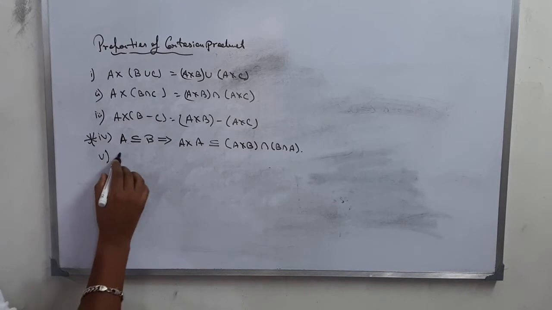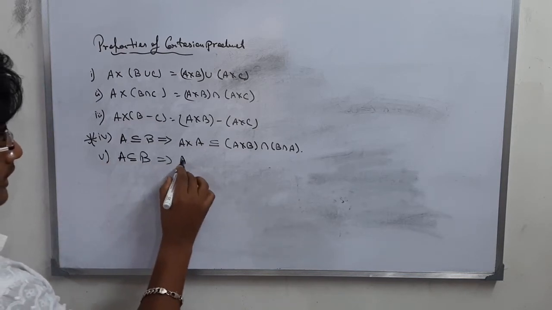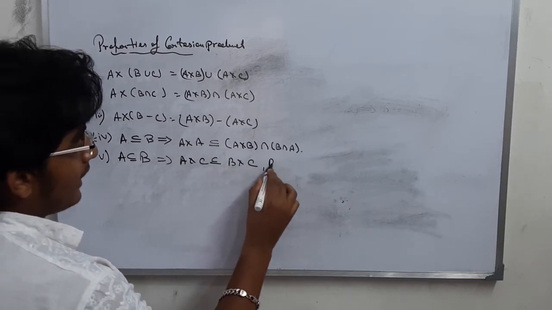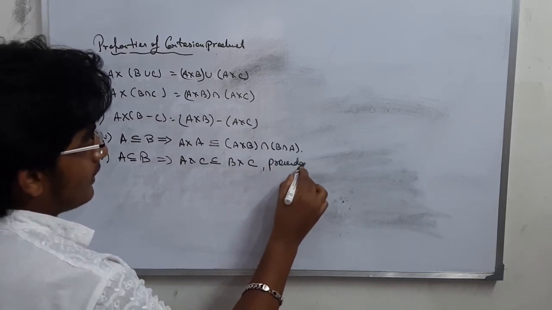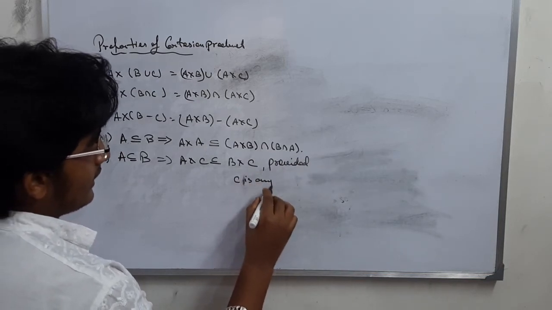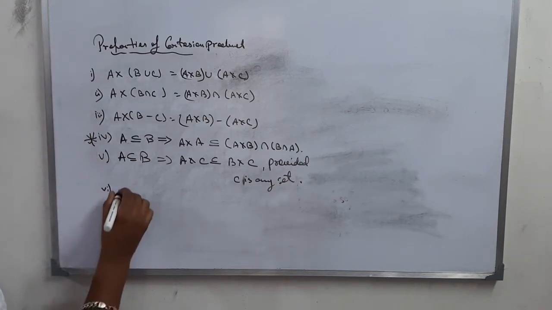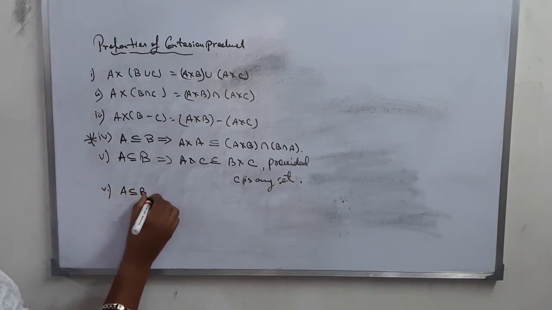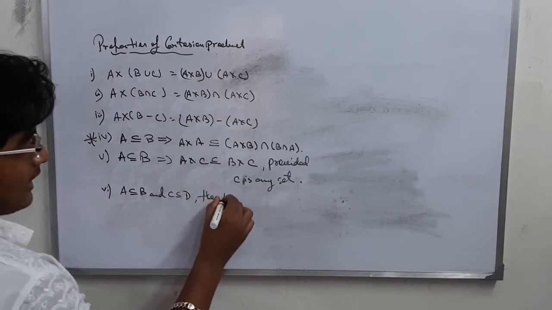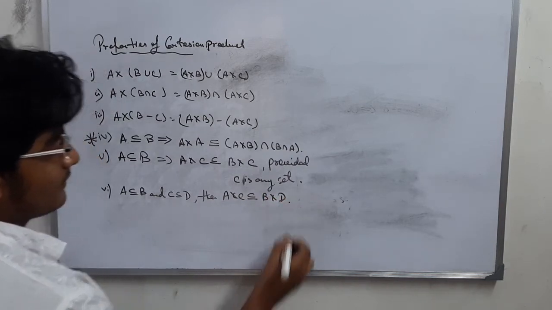Okay, next, if A is a subset of B, then A cross C is a subset of B cross C, provided C is any set. Okay, next, if A is a subset of B and C is a subset of B, then A cross C is also a subset of B cross B.